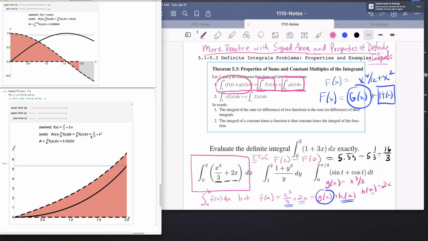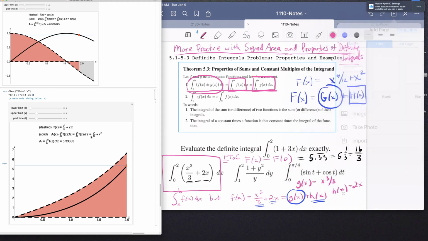The next property we're going to look at is focusing on the concept of the signed area itself. So let's add a page below.